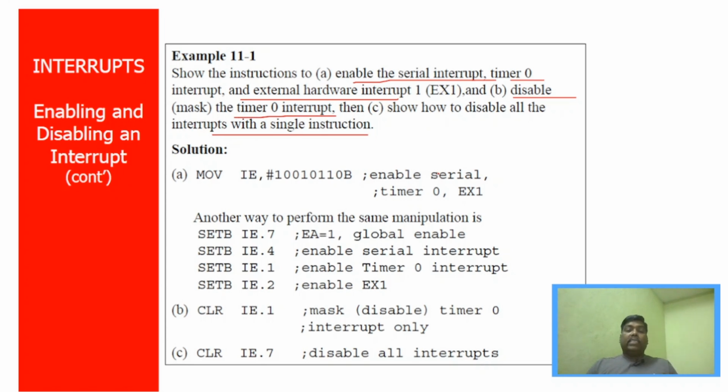As I said before, we can use the SETB instruction to set a particular interrupt, and we can use the CLR instruction to disable the interrupt. They have asked to enable timer 0 and external interrupt 1.